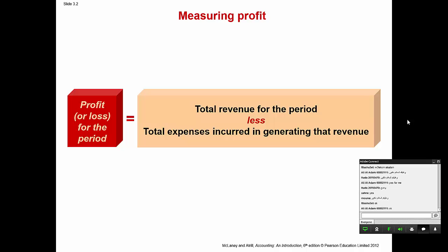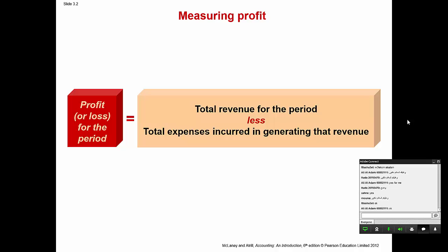And we said that the balance sheet is responsible to measure the financial position at a certain point in time, like, for example, at the beginning of the year or at the end of the year. But here in the income statement, we are talking about a period of time.